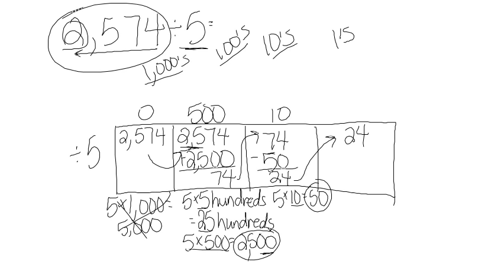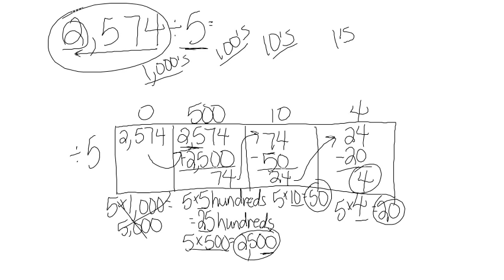Okay, now I need to think 5 times how much will get me as close to 24 without going over. Well, because I know my 5s, I would have to say 5 times 4, because 5 times 5 is 25, but 5 times 4 is 20, and that won't go over. Okay, so my 4 goes on top, and I can subtract 20 here, and I have 4.